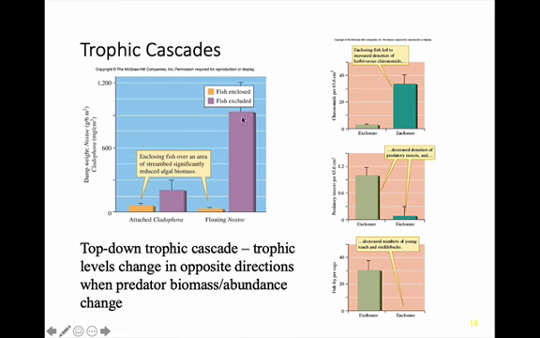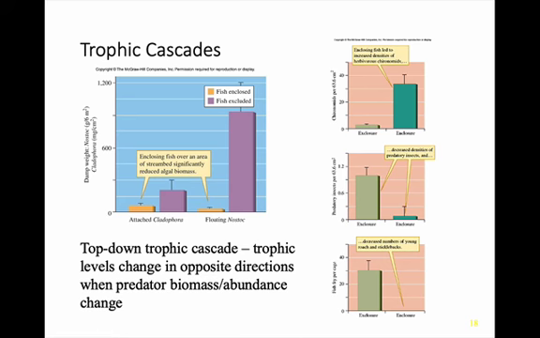If you exclude fish, then you have very few herbivores because you have lots of predators of the herbivores. The fish eat the predators that eat the herbivores. So with no fish, you get more predators, fewer herbivores, and much more algae.